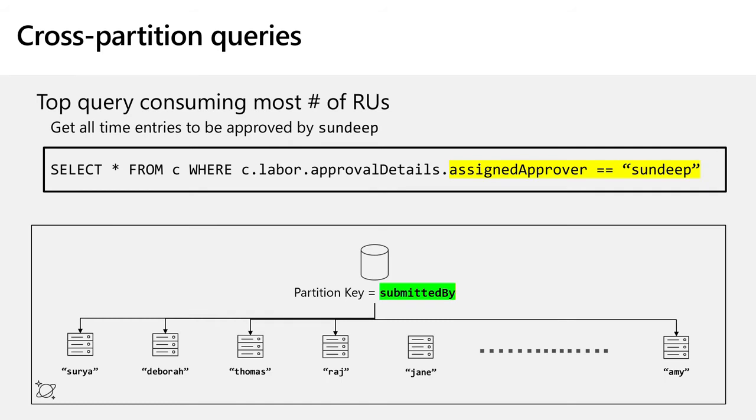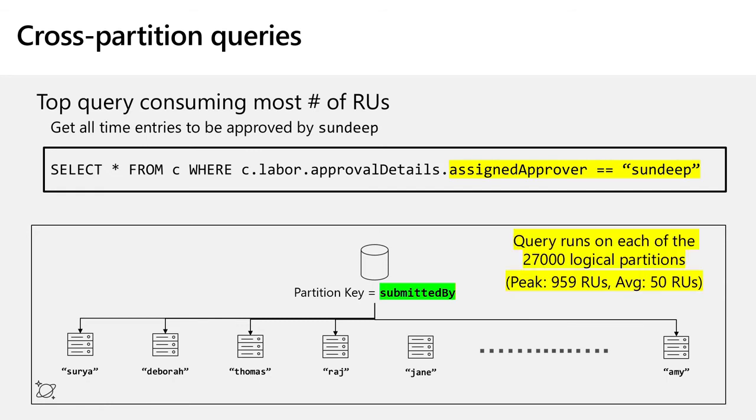It runs that query on every logical partition to find out what are the labor entries entered by those users where the assigned approver is Sandeep. So the query is run on 27,000 logical partitions. And that's why you see an average of 50 RUs and peak usage of 959 RUs, because it's running across 27,000 logical partitions. So what do we do?